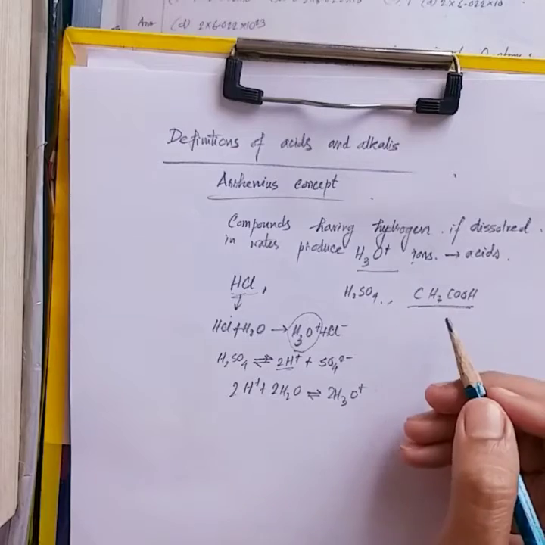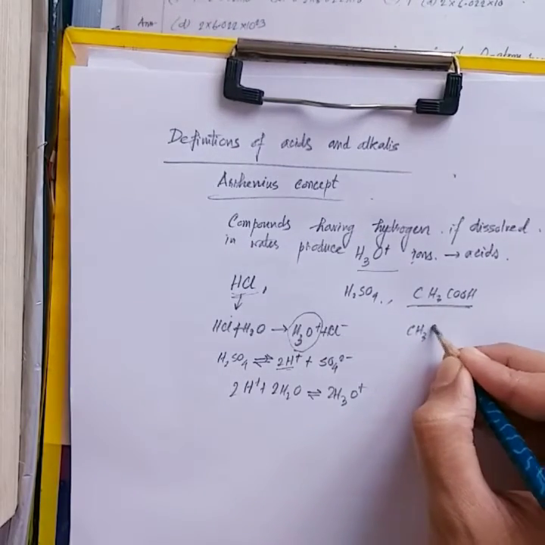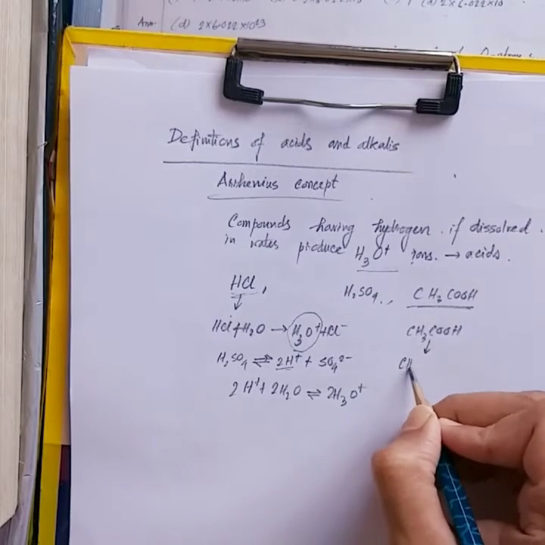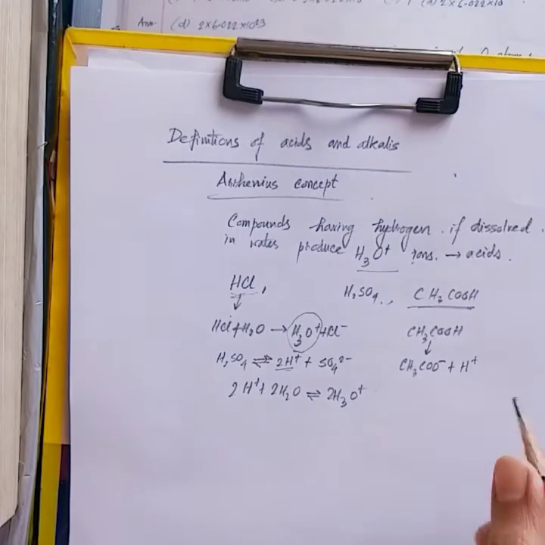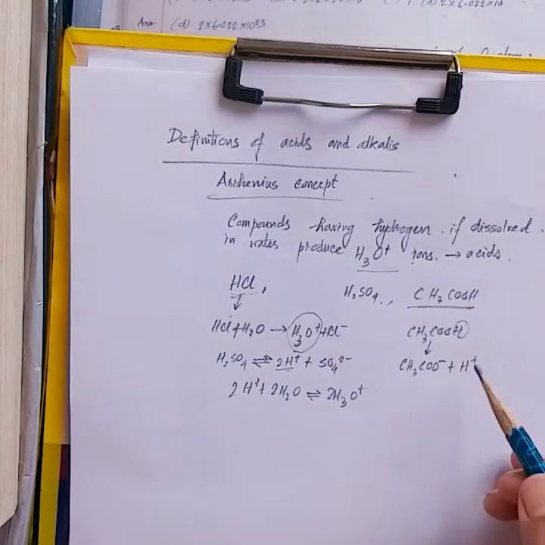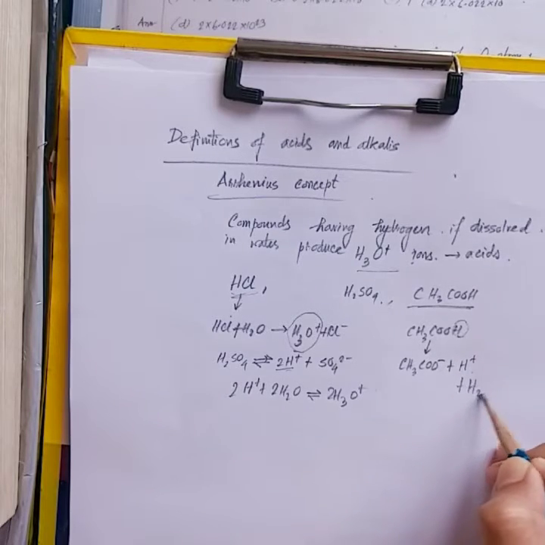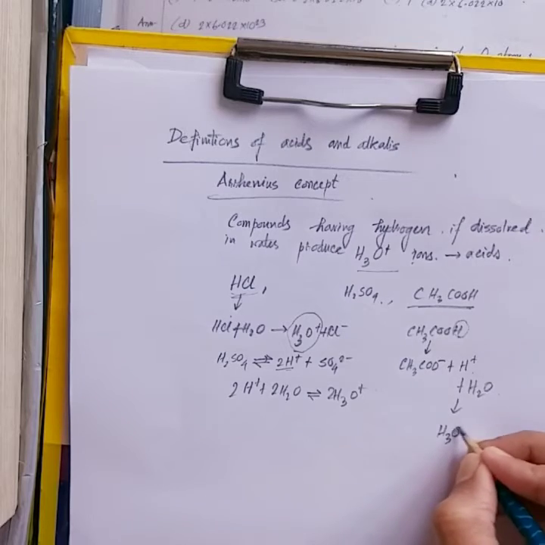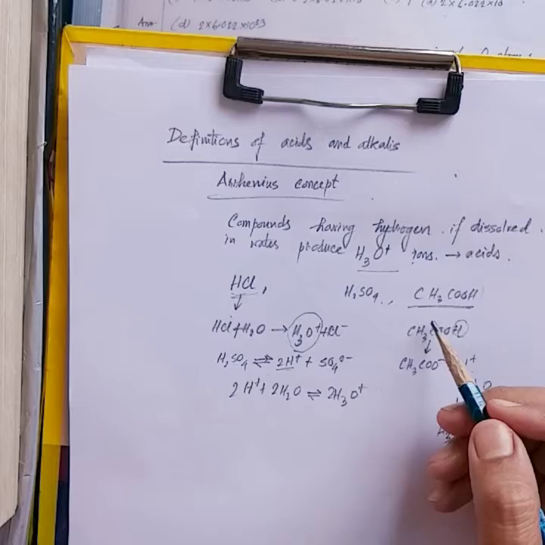Similar thing will happen for acetic acid also. If I write the reaction, CH3COOH will break and form CH3COO minus plus H plus. As you can see that this hydrogen is replaceable, so this will give the H plus. With this H plus, H2O will combine and this will give you H3O plus ion. So therefore acetic acid is also an example of acid.